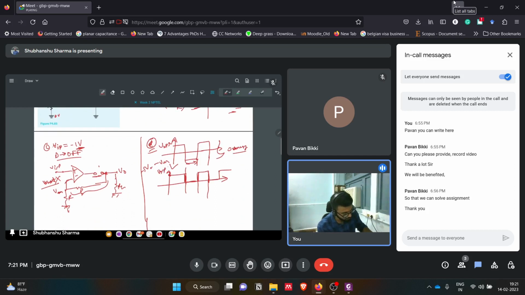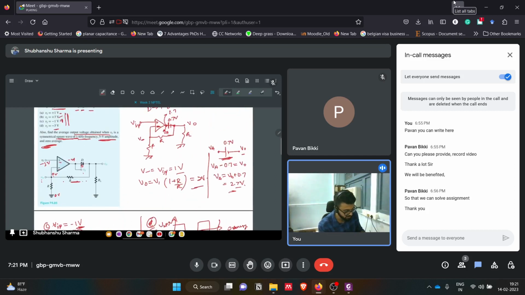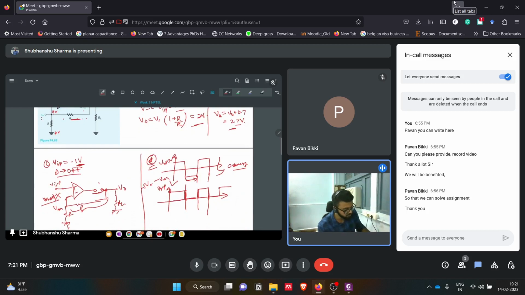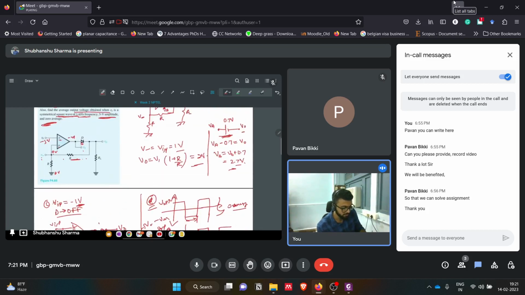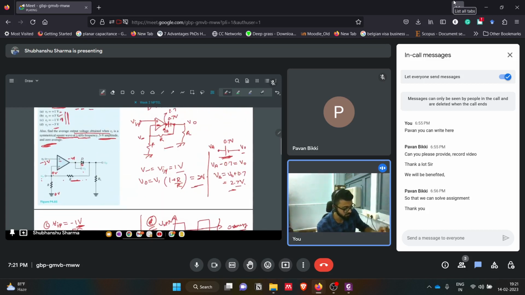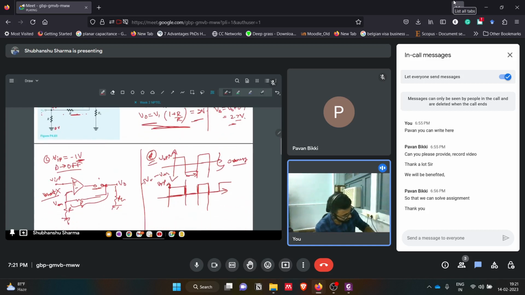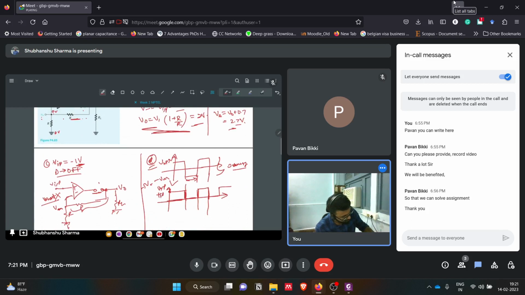Since the positive side acts as a simple circuit like this, what was V naught? We got V naught from V1 into 1 plus R by R, so it will be 2 times the input voltage. So we'll get plus 10 volts, and this will be 0.